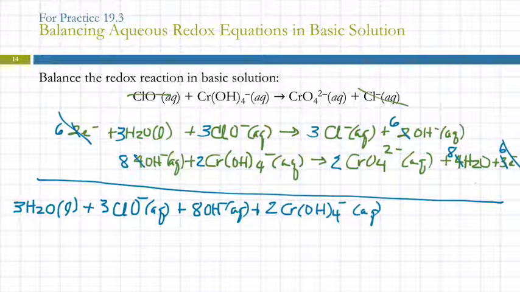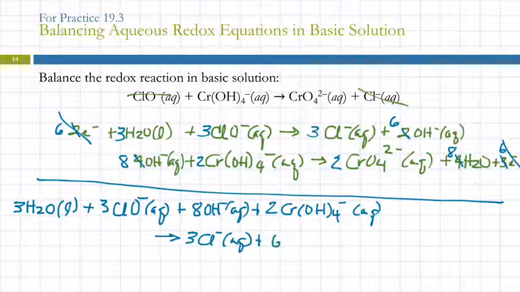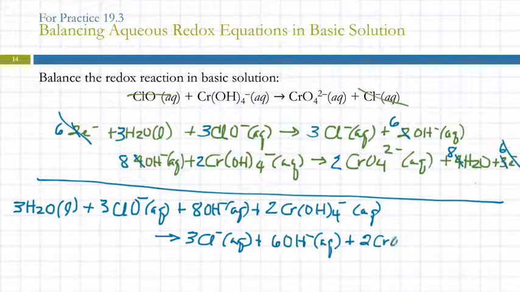And then I can already tell I'm not going to have enough room for the other side, so I'm going to just come down here. I've got 3 chloride ions and 6 hydroxide ions and 2 chromate ions and 8 water molecules.